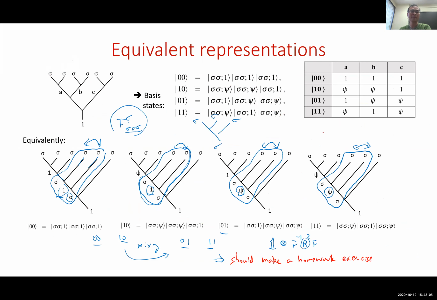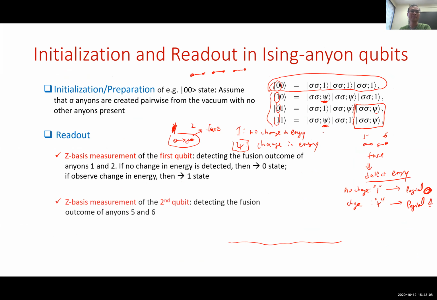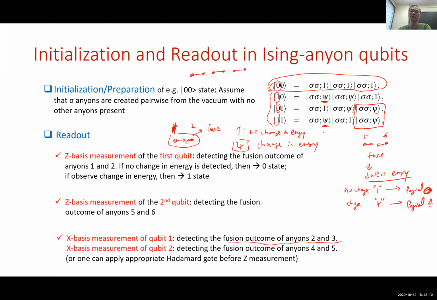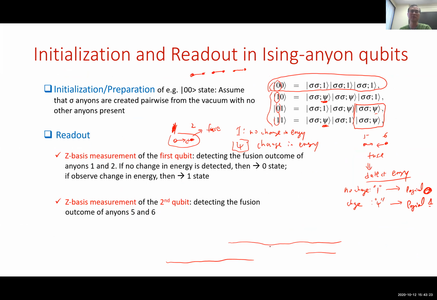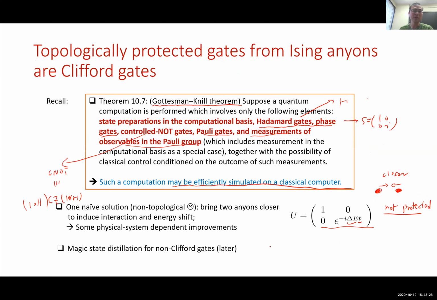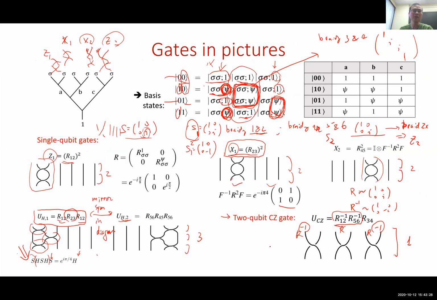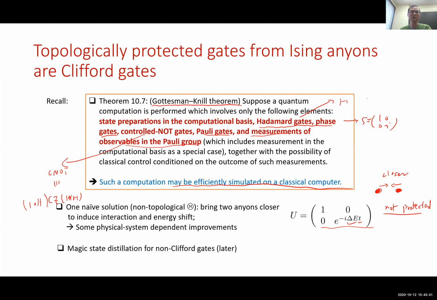Okay, you could also do it similarly on 4 and 5. Or you could do an appropriate Hadamard gate, and then measure the appropriate Z measurement. So we have the Hadamard gate already explained in this slide here, right? So you could do the Hadamard, and then you measure in a Z basis. Okay. Any question?